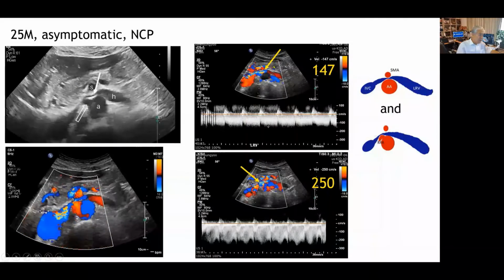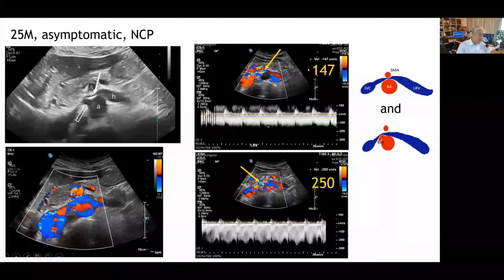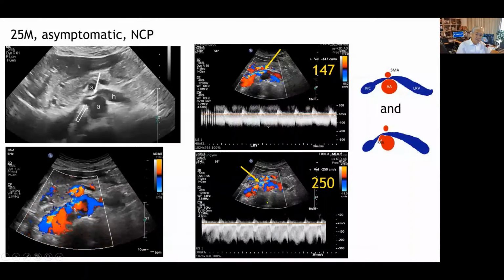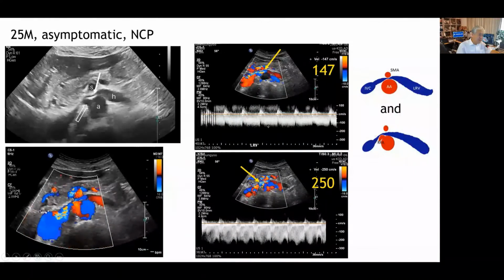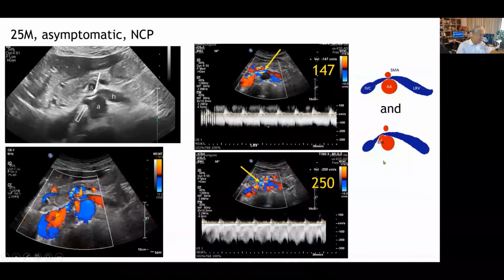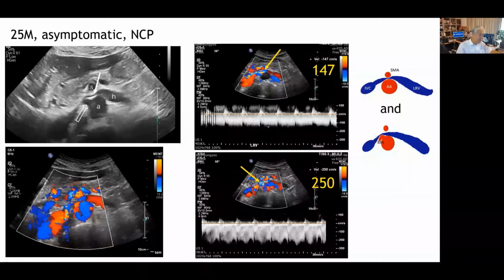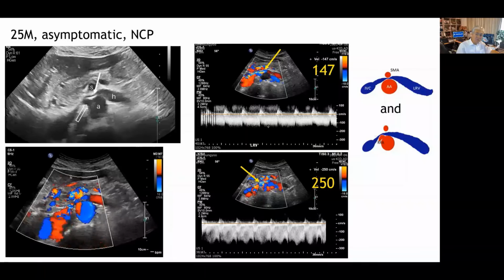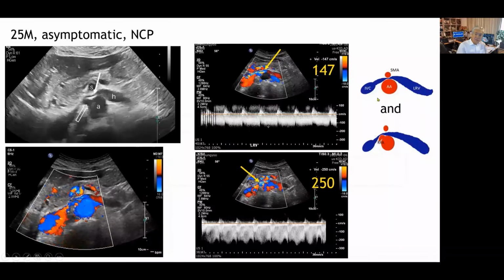Peak flow velocity in the area between the aorta and the superior mesenteric artery was 147 centimeters per second, while the peak flow velocity of the left renal vein anterior to the origin of the right renal artery was 250. So we may say that the pattern of left renal vein compression in this patient is a combination of type 1 and type 2.